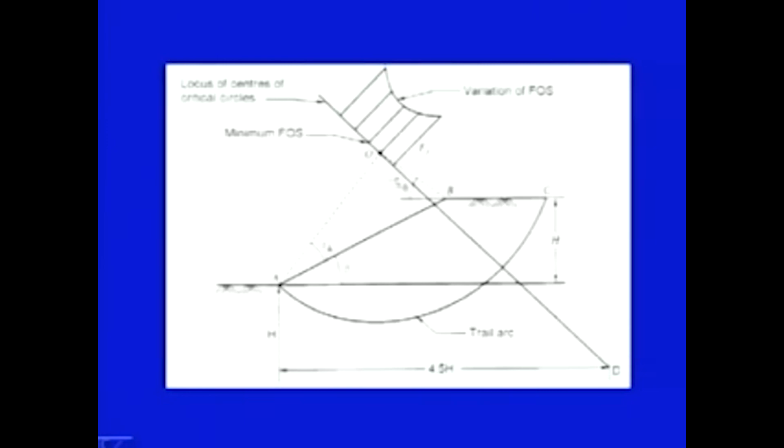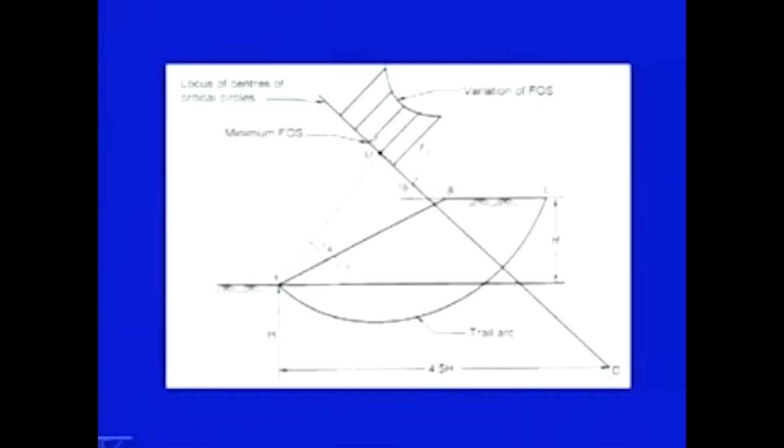It has been found that the factor of safety will be minimum somewhere on this particular line. So, what we are going to do is take several points along this line, and then draw their contour, the variation of factor of safety, and from there you can get the minimum factor of safety.